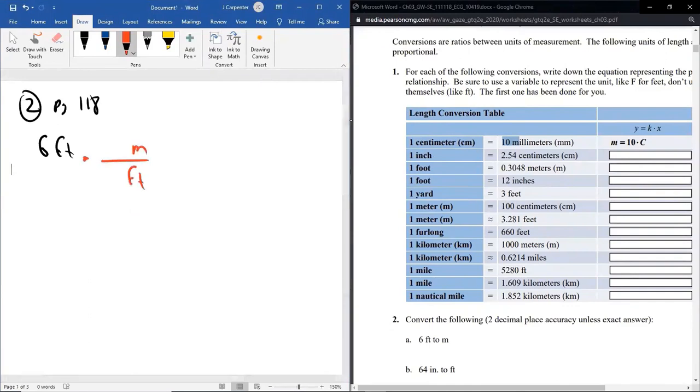So again, if I did the top one, I'm going to use blue because this isn't the one I'm going to use. I would put the 1 in the bottom and the 0.3048 in the top. And this would give me an accurate answer, and I'll even show you, I'm going to erase all this eventually. So the feet will cancel, and we're going to take the 6 times the 0.3048.